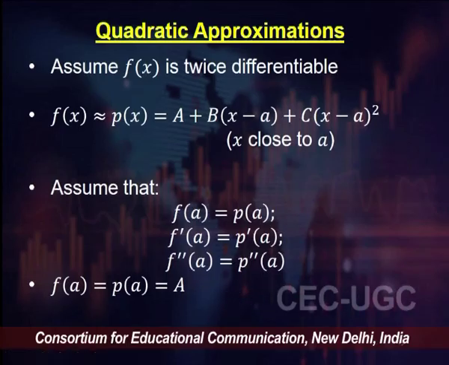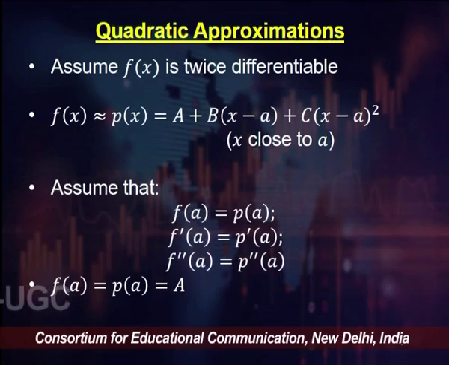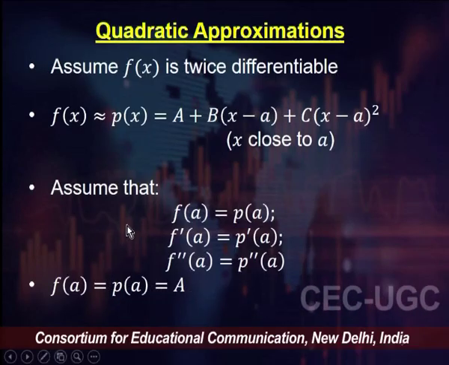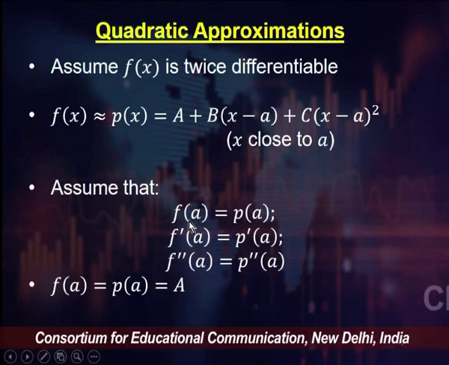Now, because there are three coefficients to be determined, then mathematically we are free to impose three restrictions on this polynomial. And the restrictions that we'll impose would be that the function and the polynomial coincide in terms of the value.